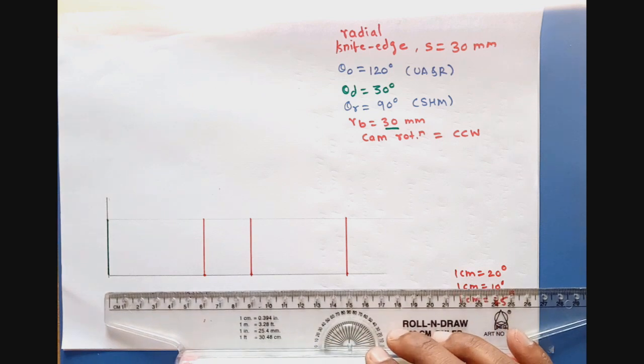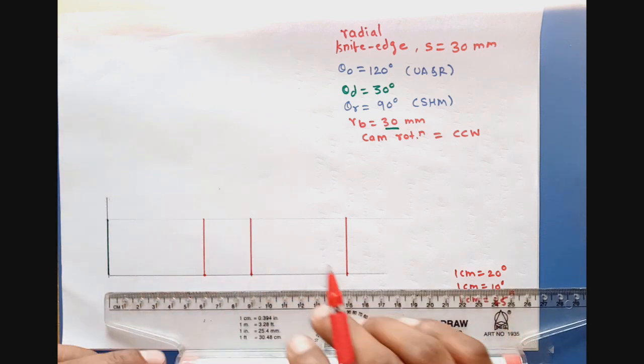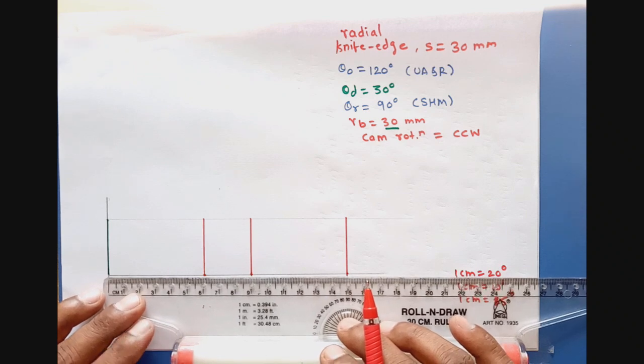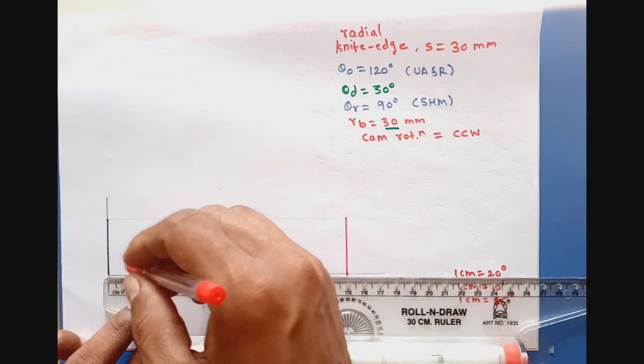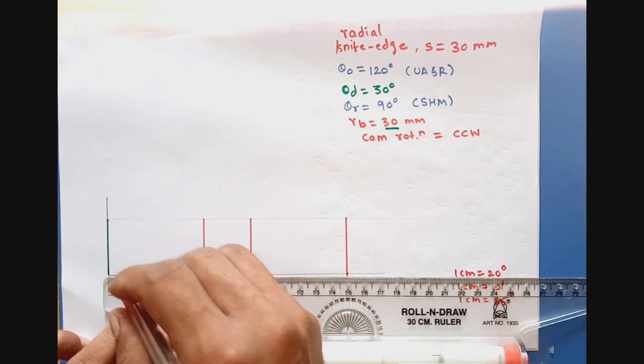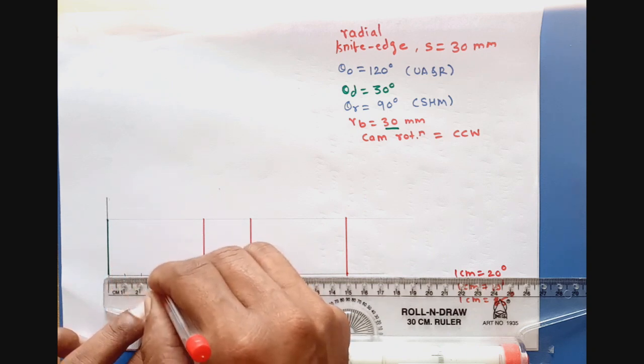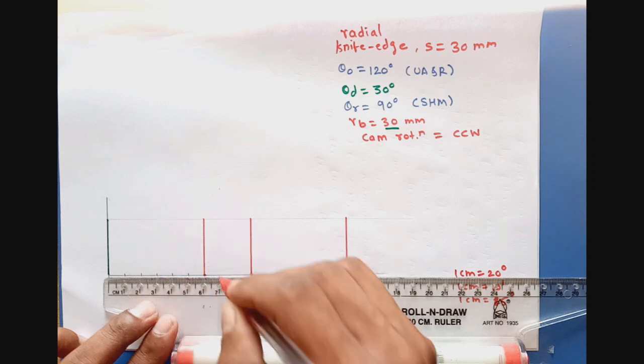Now in the next step, let us divide the outstroke angle into 6 equal parts. So I have 6 centimeters, so one division is of 1 centimeter. So 1, 2, 3, 4, 5 and 6.